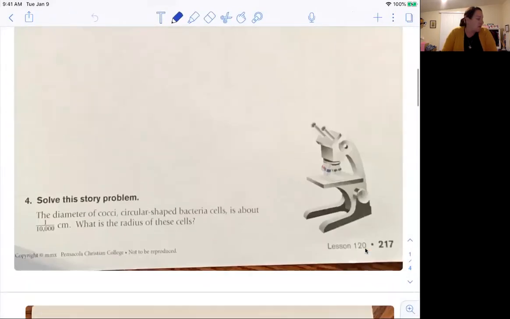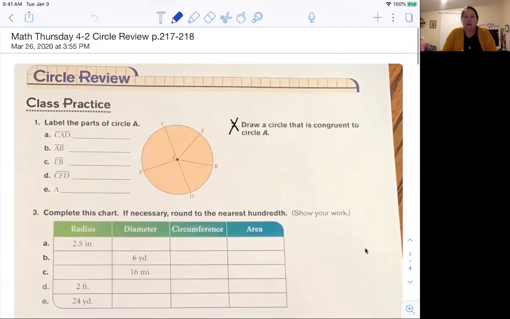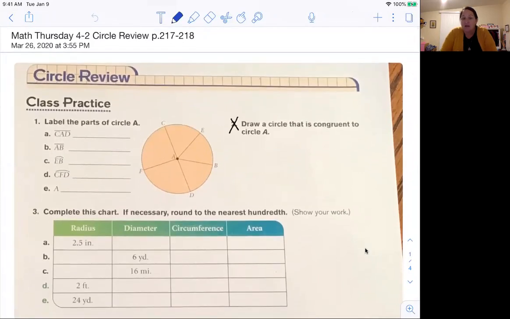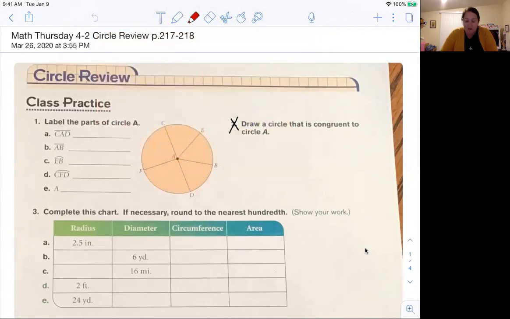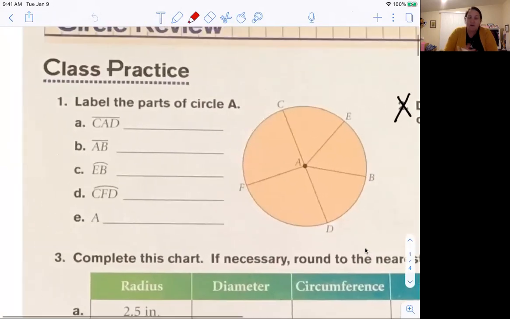We are doing page 217 to 218, and we're doing the review of a circle. Now with a circle, there are some parts that they'd like us to label for the first part. And it says, label the parts of a circle. So line segment CAD. And I know it's a line segment because there's a line across the top.